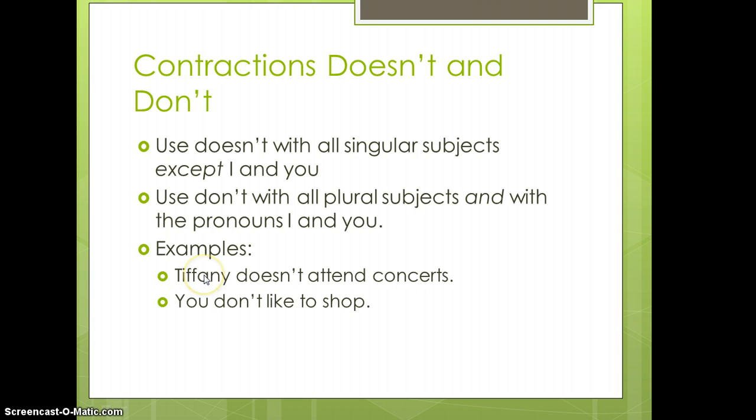Tiffany is a singular subject, so you'd have to have doesn't, because we have up here the rule, doesn't with all singular subjects. You don't like to shop. Think about the opposite. We wouldn't say you doesn't like to shop. You is listed up here, and we would use don't in this situation.